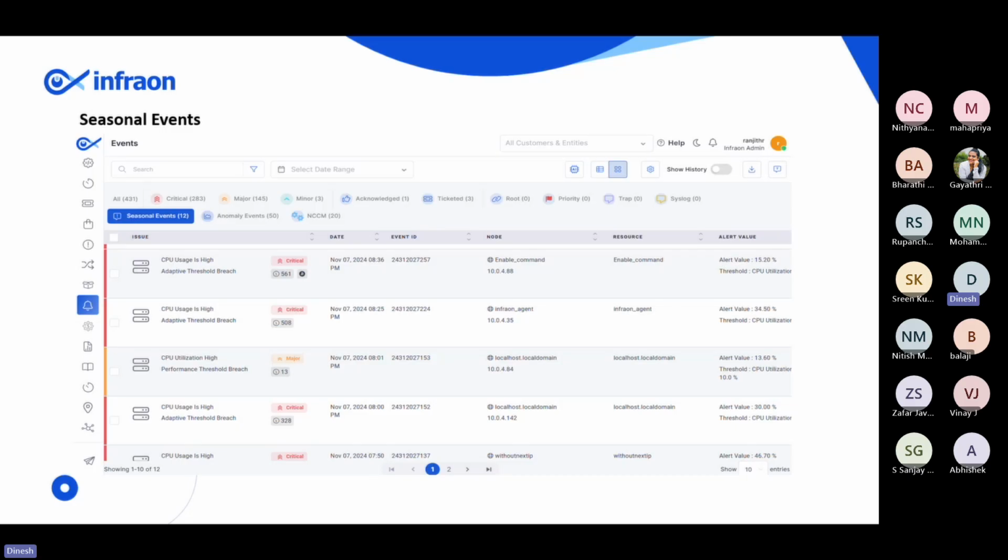You can also take another use case of e-commerce traffic spikes. Whenever there is a sale on e-commerce websites like Amazon, there is high traffic during weekends or sale events. AIOps learns the seasonal traffic pattern with the help of historical data and avoids false alarms during the expected spikes.